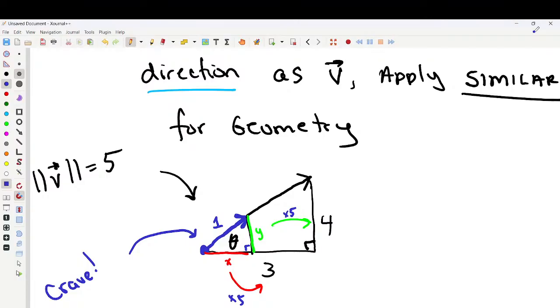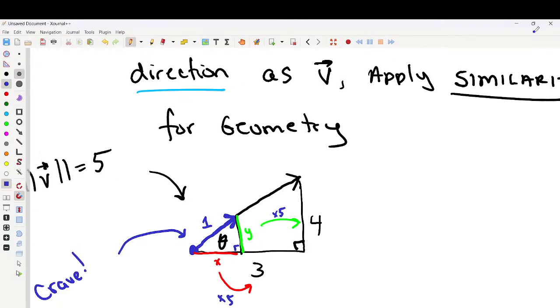What would I multiply 5 by to scale it down to 1? Multiply it by 1/5. So if I take 4 and I want to scale it down, you multiply it by 1/5. You get your 4/5 this way. Same argument with the 3. So similar triangles and scaling, literally the same thing.